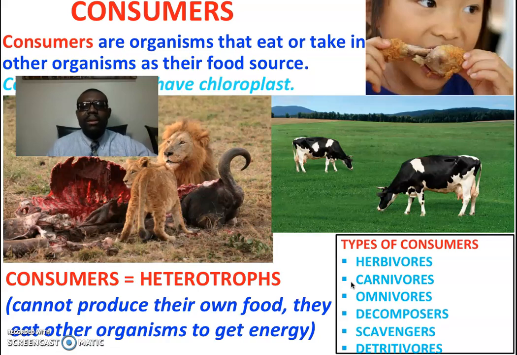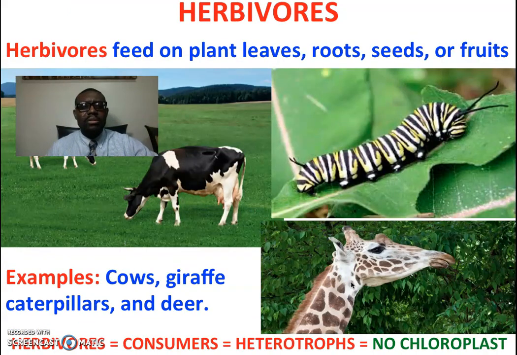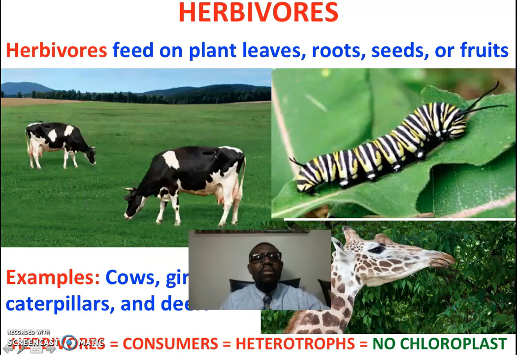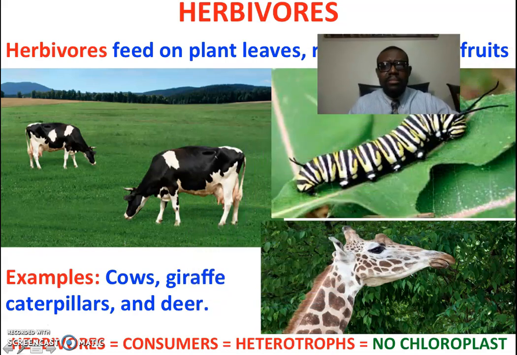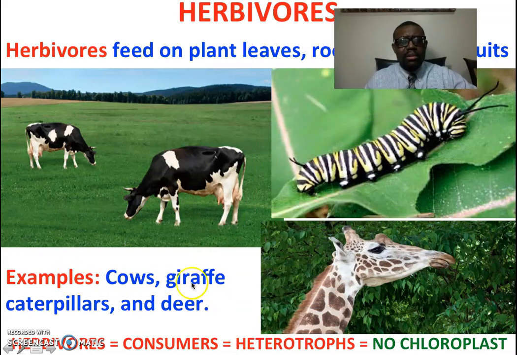Let's take a closer look at herbivores, which are consumers. Herbivores are organisms that feed on plants, leaves, roots, seeds, or fruits. Examples of herbivores include cow, giraffe, caterpillar, and deer.